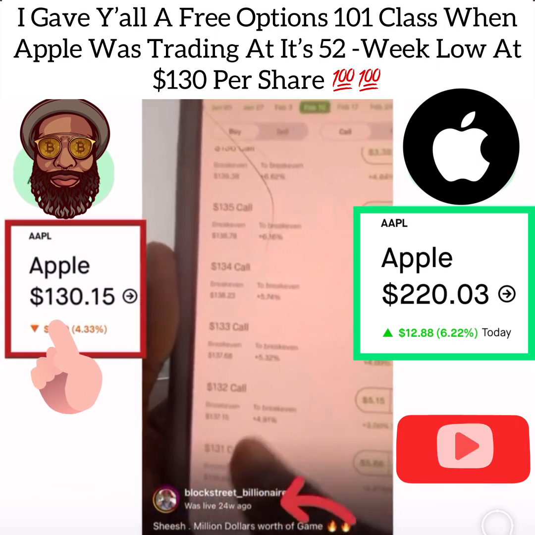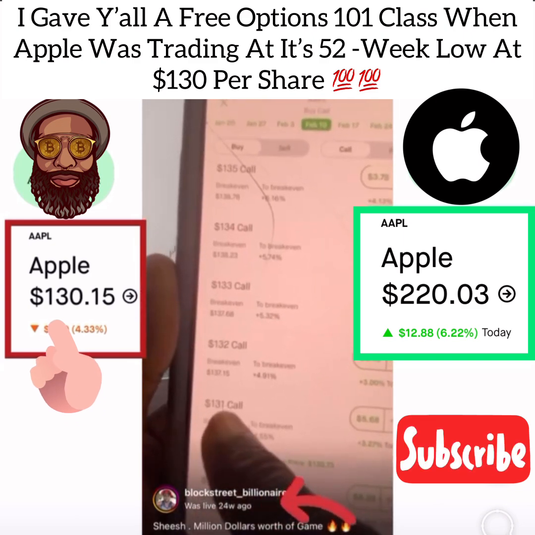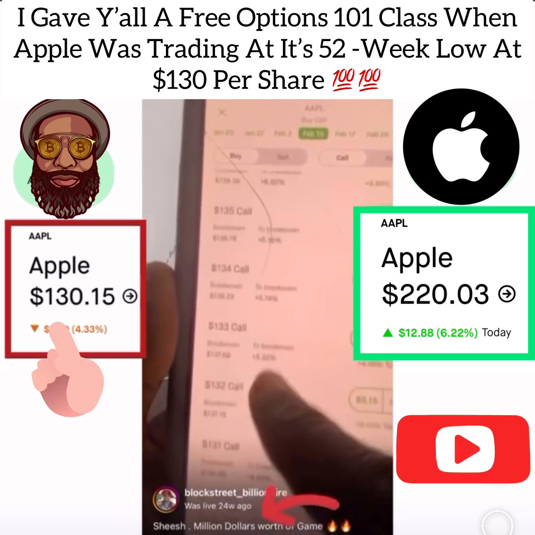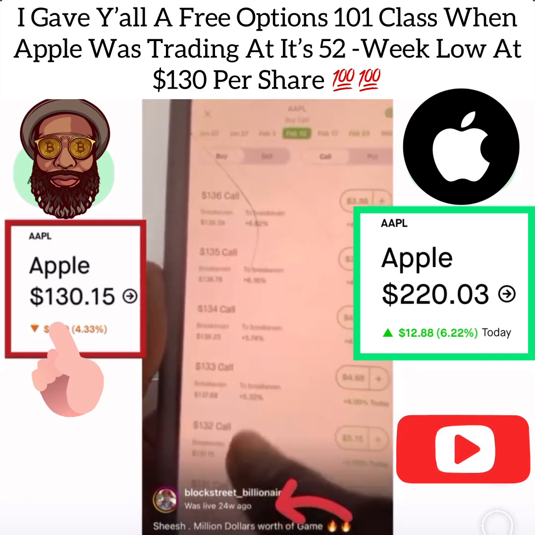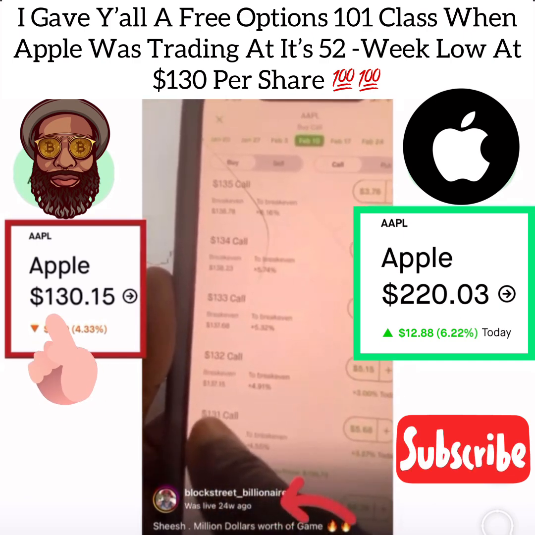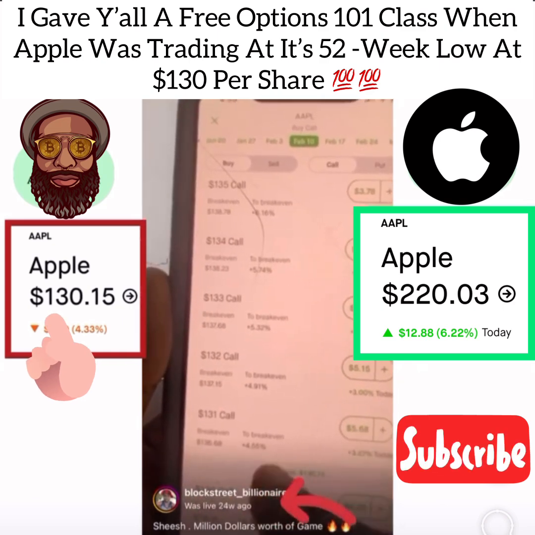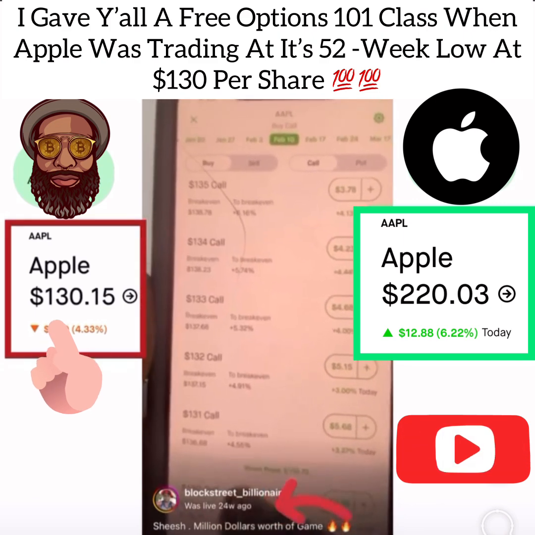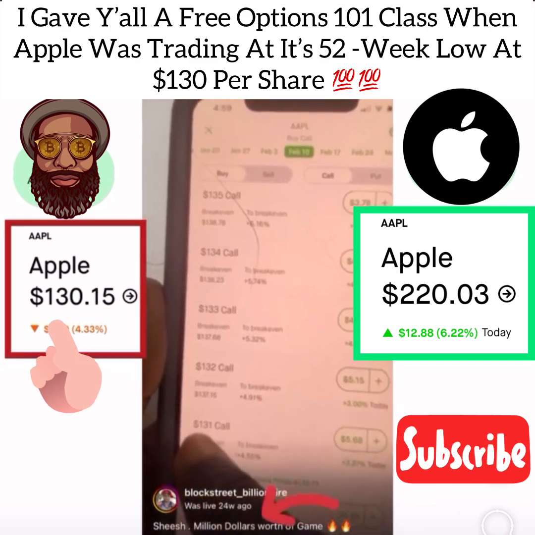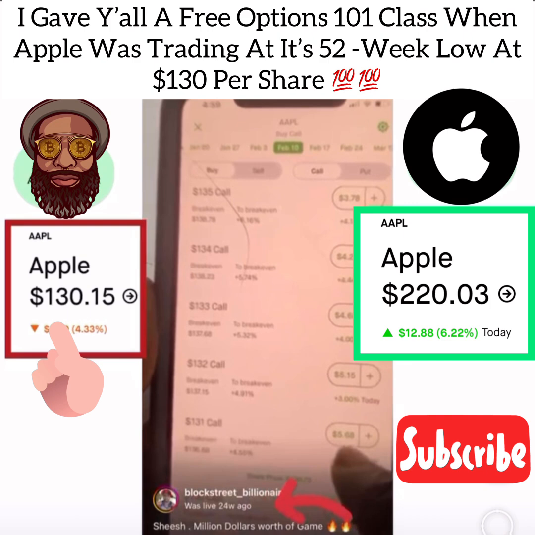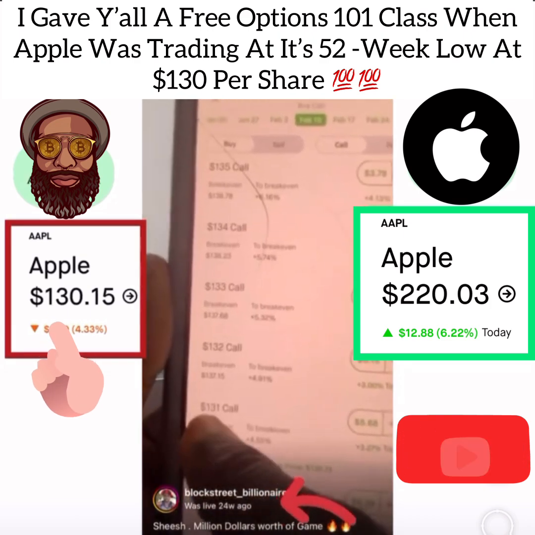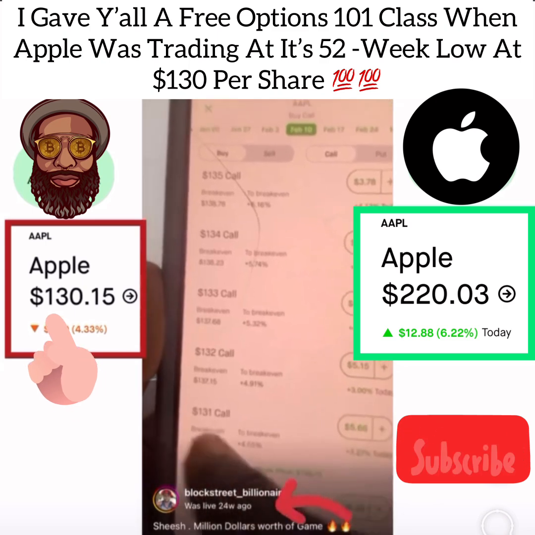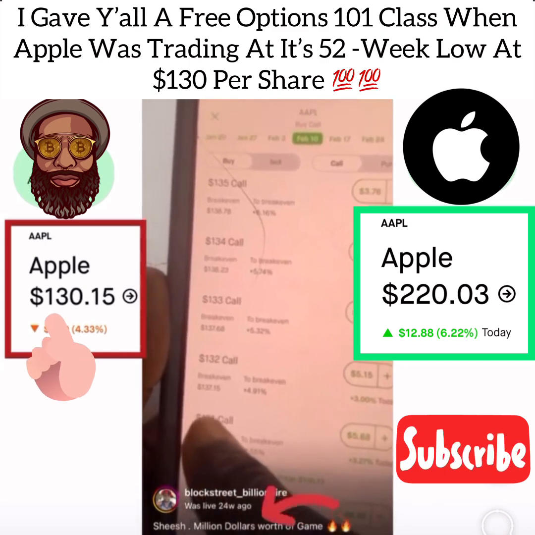So if you buy a 131 call, right, and it gets to, let's say, 131, the seller makes money because they think that Apple is not going to go above this. So you pay them a premium, and if Apple doesn't go above this, you lose the premium, they keep the premium, and they keep their shares, right?